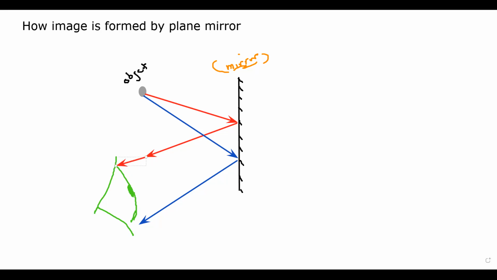Our brain tries to create an image. How? Our brain will produce these two light rays backward, tracing where they are coming from.